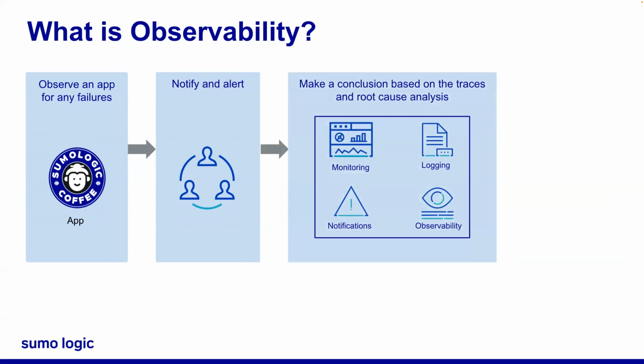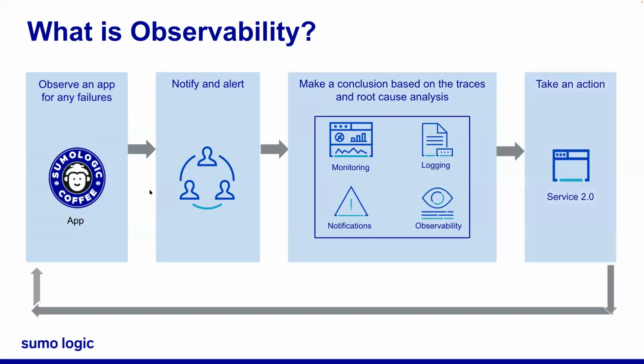Observability is going to make sure that our apps and their resources are used and accessed as intended under all circumstances. What we're starting to show here is the observability workflow, I guess we could call it. The system uses observability to look at the app. If something goes wrong, it notifies and alerts whomever is appropriate.